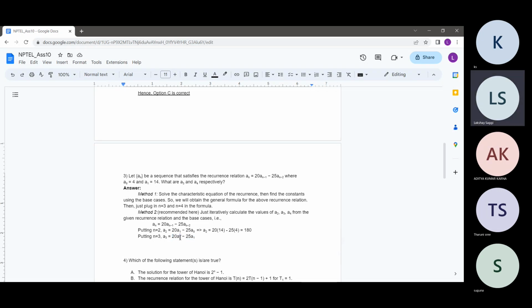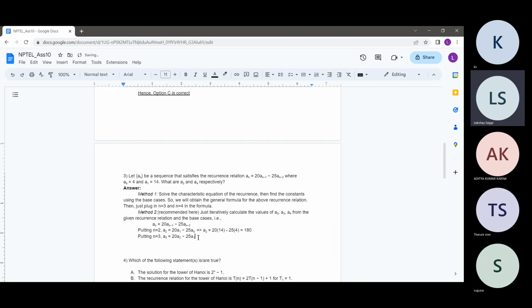So I needed the value of A2 to calculate the value of A3. That's why I earlier put n equals 2, so that I can calculate A2 first. I obtained A2 earlier by putting n equals 2. Now I can obtain A3 by putting n equals 3.